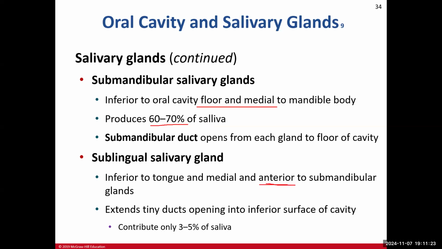The submandibular makes the majority, and its duct will release its saliva on the floor of the oral cavity. The sublingual makes very little, but it has multiple small openings that are also on the floor of your mouth, releasing its minor contribution to the saliva. But keep in mind, sublingual is in front, submandibular is more towards the back.